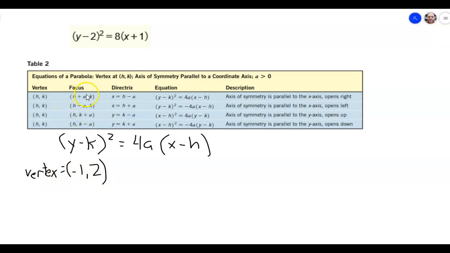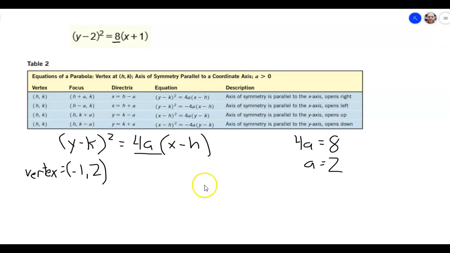Let's do the focus next. To find the focus, not only do we need h and k, but we also need to solve for a. I know that this thing here is equal to this thing here because we've matched up everything else. So 4a is equal to 8, and therefore a is equal to 2.